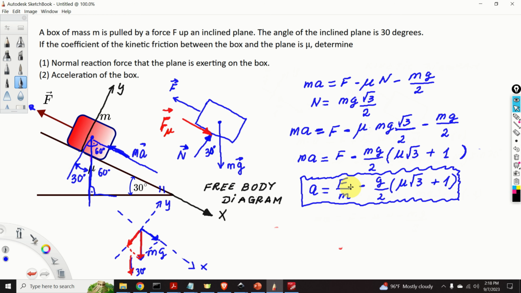On the other hand, let's see this term over here. This term comes from the friction and from the normal force. And obviously the friction will oppose the motion of the force F, and consequently we'll have a minus sign over here that will decrease the acceleration. So this equation kind of matches our common sense.